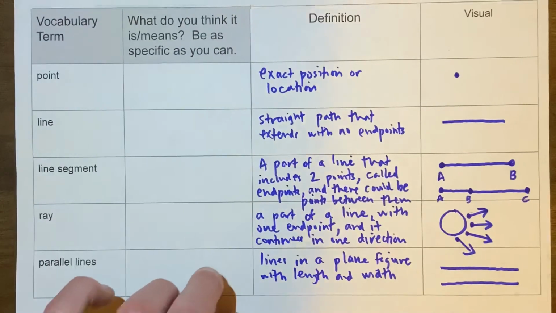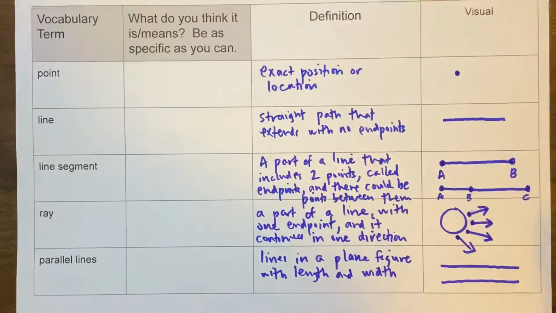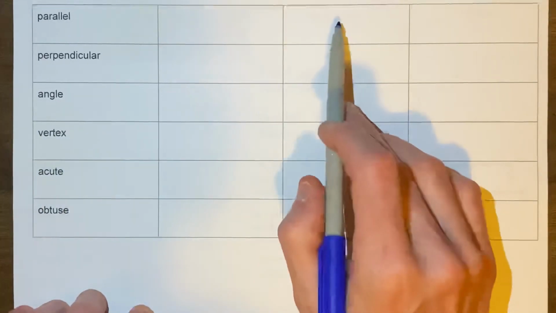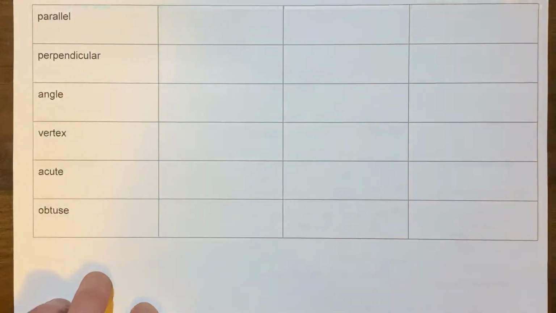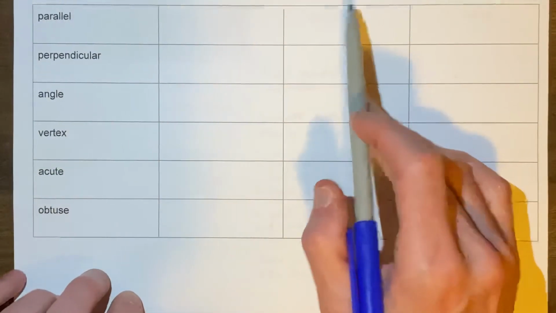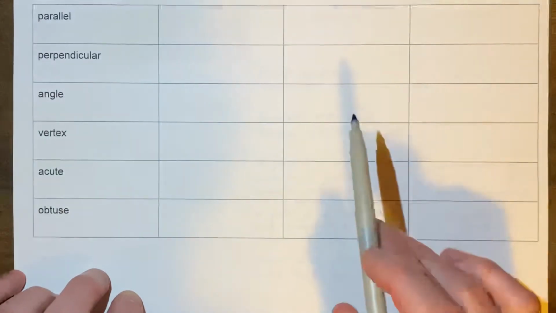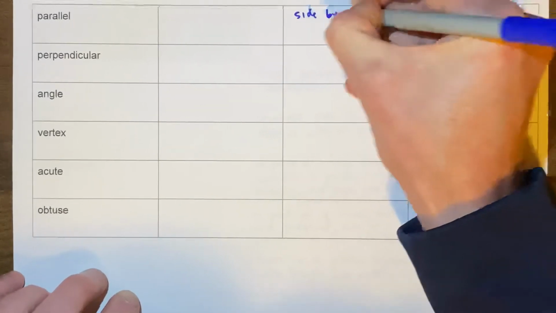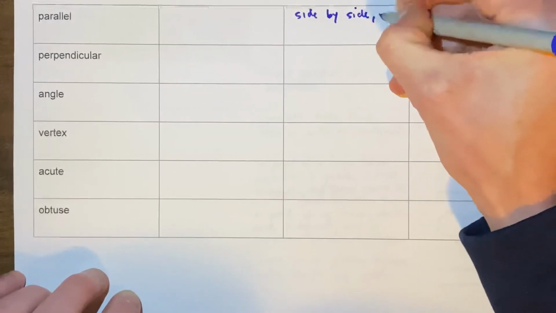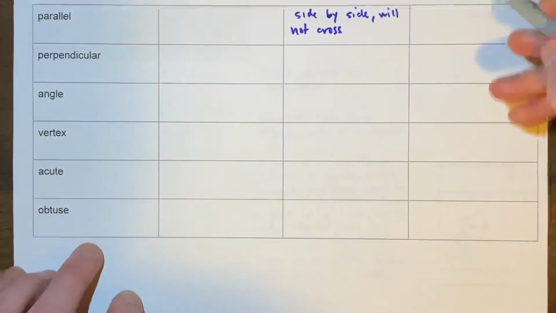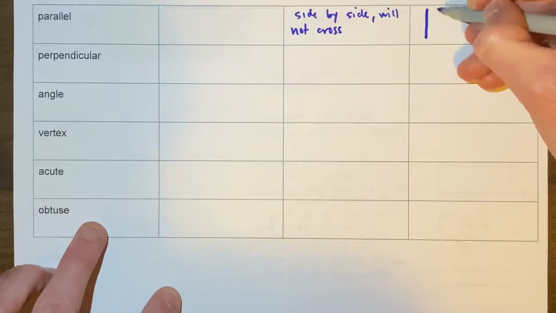Now moving on to the next thing, which is parallel. Parallel basically means to not cross, or something that is parallel is side by side. Okay, so I could have parallel this way.